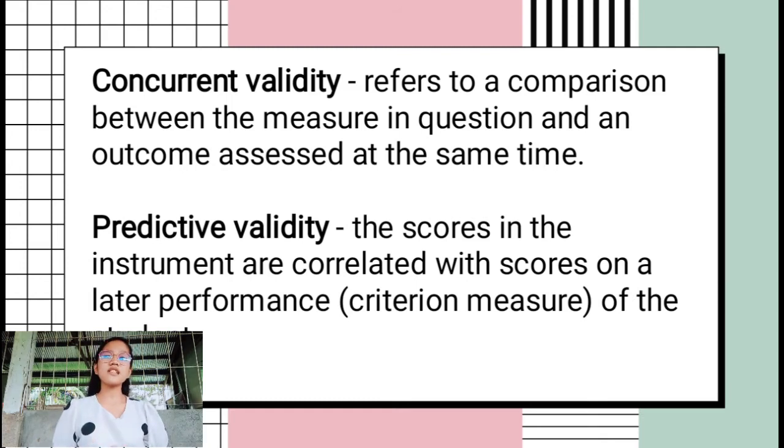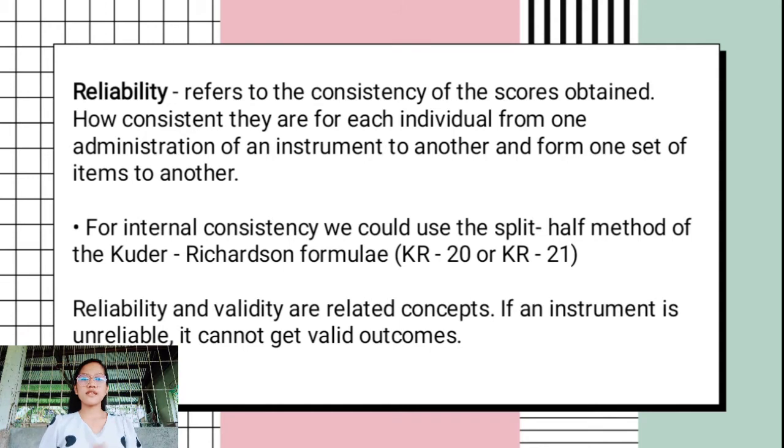For predictive validity, the scores in the instrument are correlated with scores on a later performance or criterion measure of the students. For example, we ask the question, do the scores in the math exam predict the math grade in grade 12?